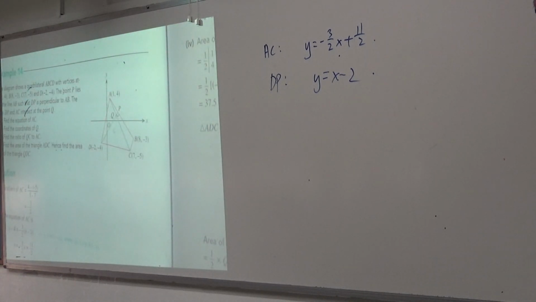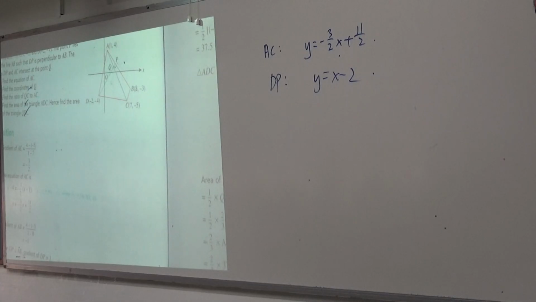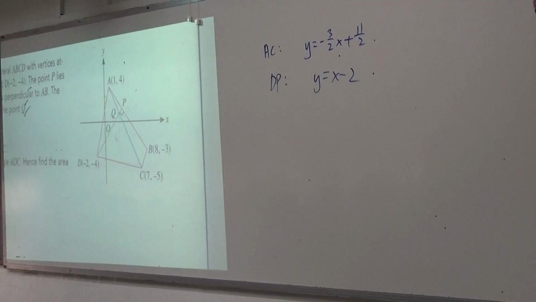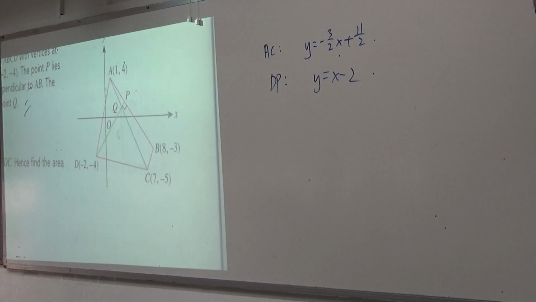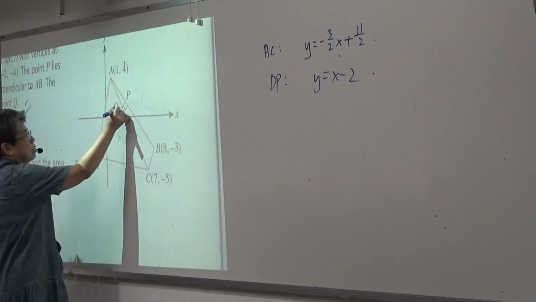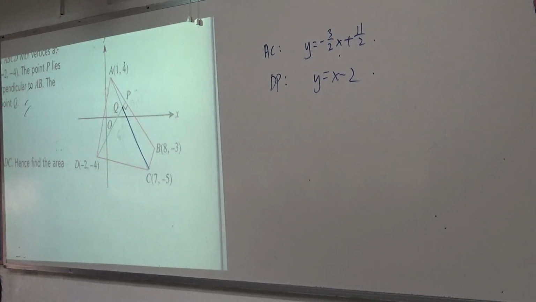Okay, next. Find the ratio of QC to AC. All of you look at the diagram again. Now, where is QC? Here, right?